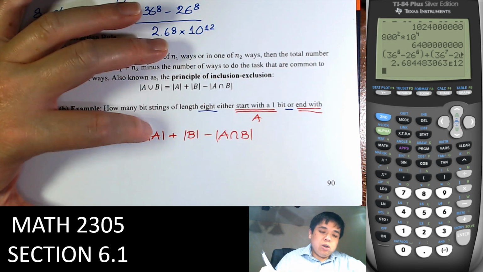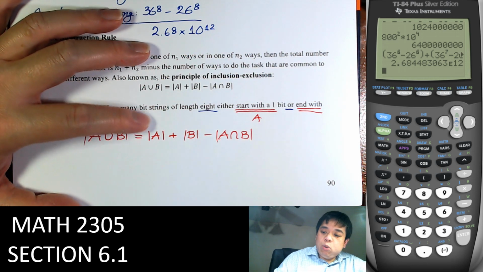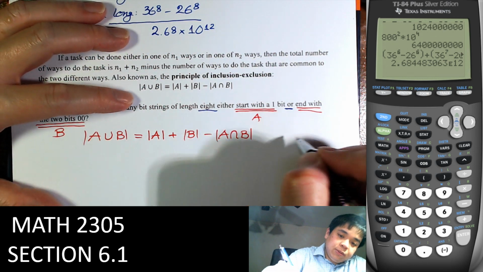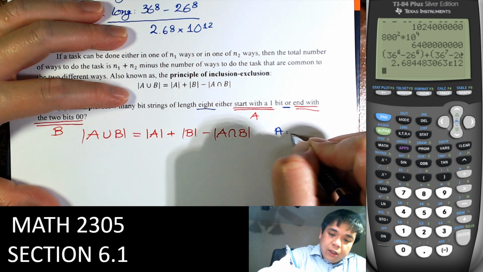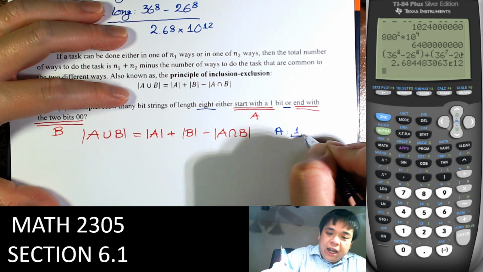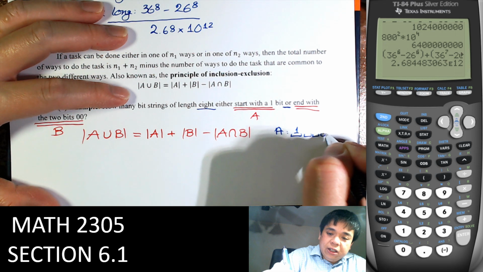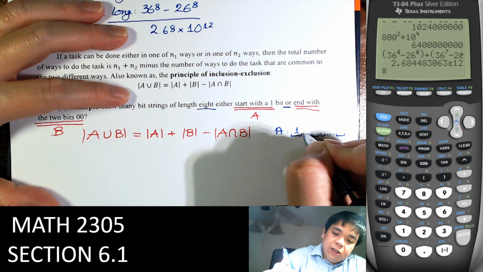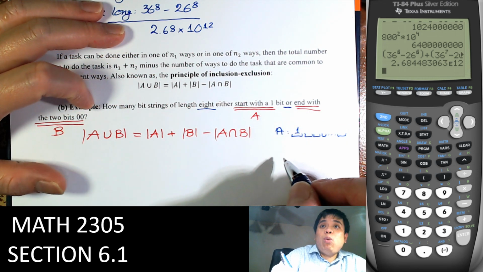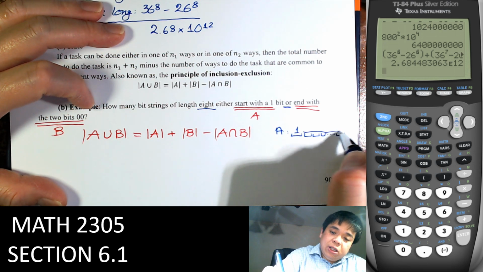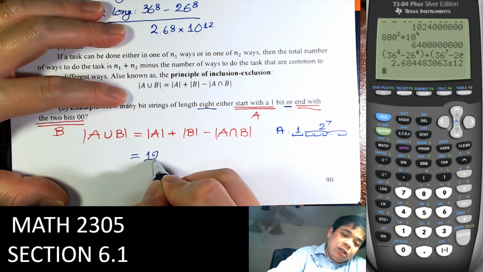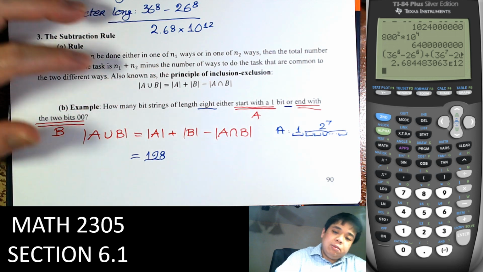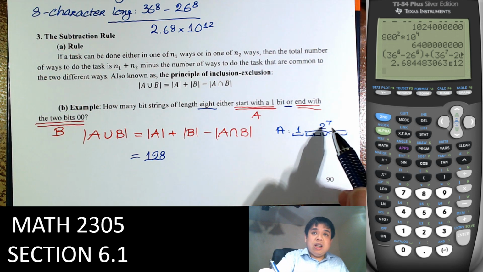So for A, if we start with 1, we only have one option, and then it's followed by 7 digits, each of which can be anywhere from 0 to 1. So the rest is going to be 2 to the 7. So for A, we have 128 different ways, because 2 to the 7 is 128.